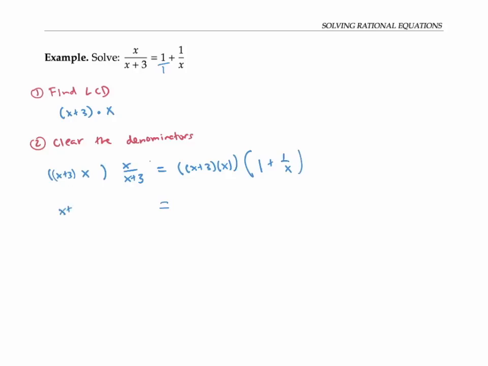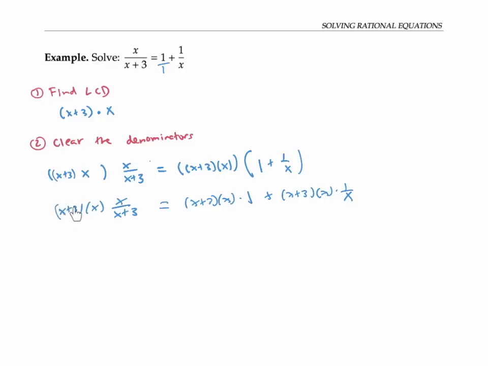I'll rewrite the left side the same as before pretty much, and then I'll distribute the right side to get x plus 3 times x times 1 plus x plus 3 times x times 1 over x. So I've actually multiplied the least common denominator by all three terms of my equation. Now I can have a blast canceling things.